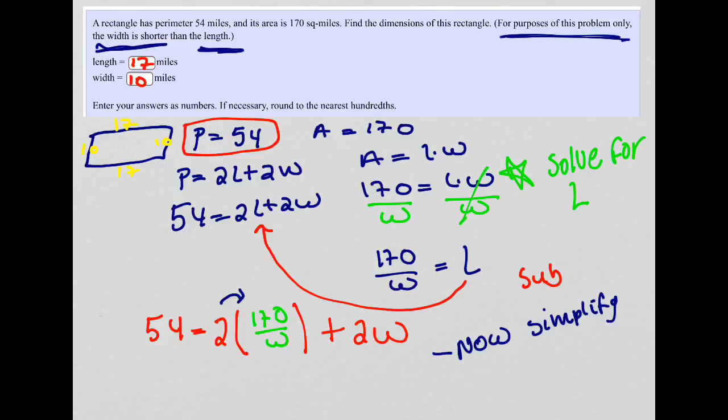That does add to 54. So that's perfect, this definitely checks. And then the area is 170, so it should be the length times the width. We do 17 times 10, and that does give you 170. So you can double check that. So both of them check. So these are your two answers.